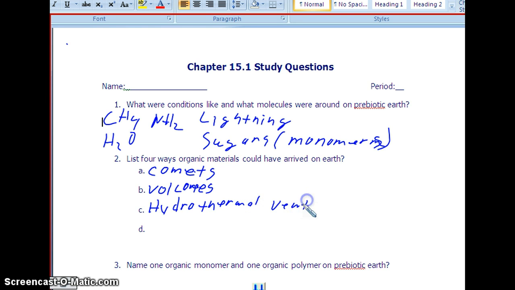And it also could have come from alternating wet, dry conditions.